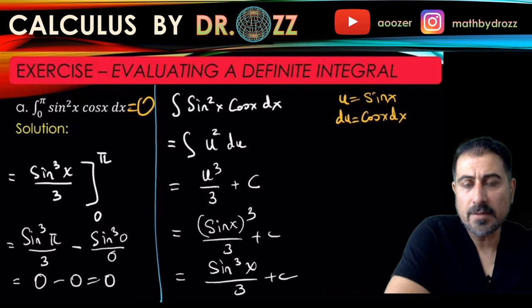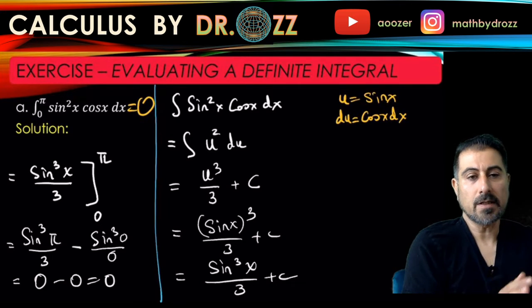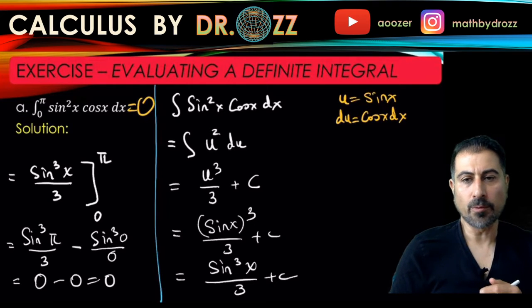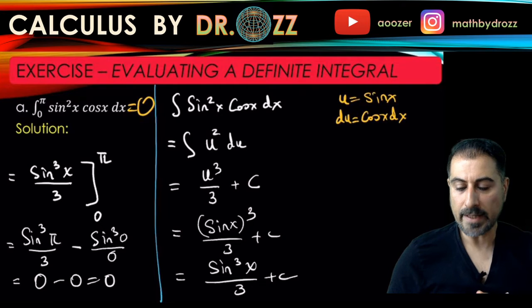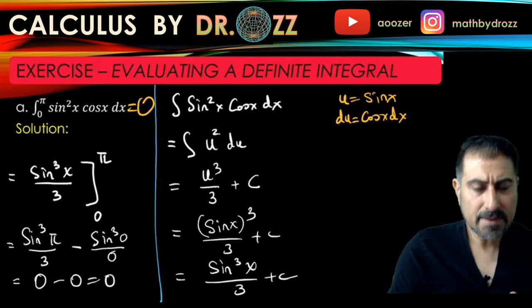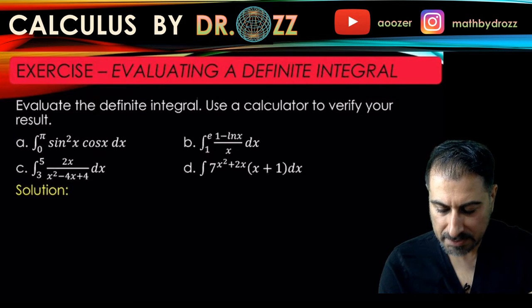But I prefer not to do that because I think it's easier for me to just get done with the indefinite integral first and then go back and use the original limits provided in the problem statement. Okay. Let's take care of part B in this video as well. Let's try to squeeze that in.